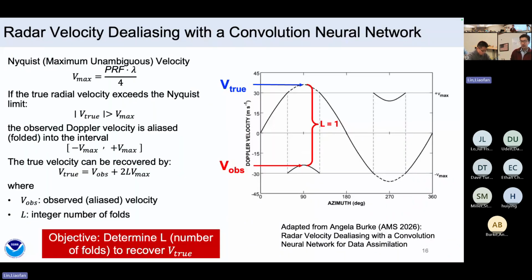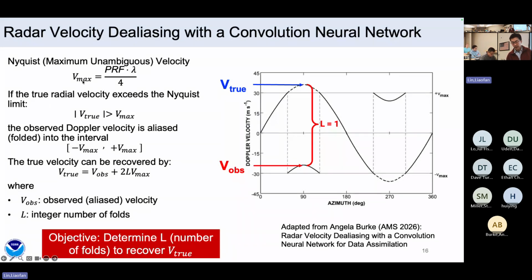Okay, next I'm going to introduce radar velocity dealiasing with a convolutional neural network. For this case, we have radar wind observations, and you can see here I show a couple of equations. For radar velocity, there is a Vmax decided by the frequency and the wavelength.